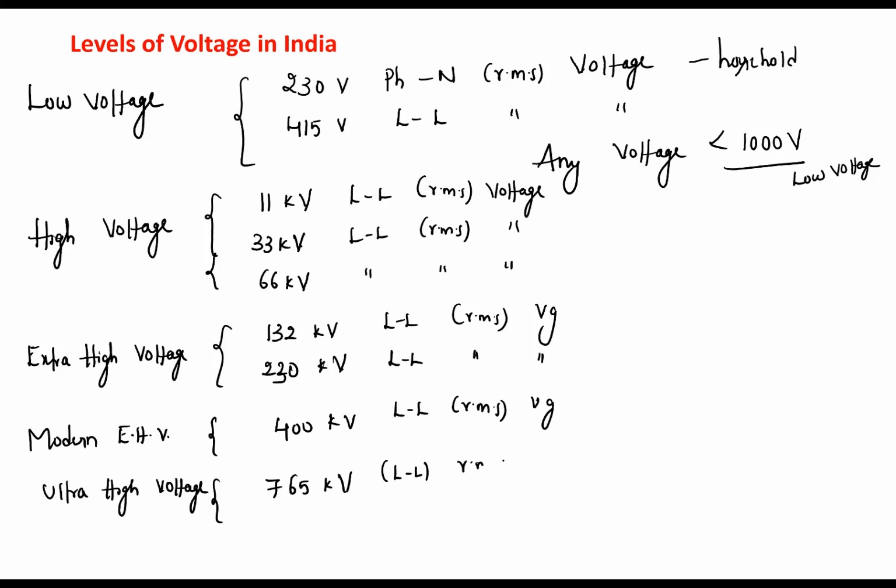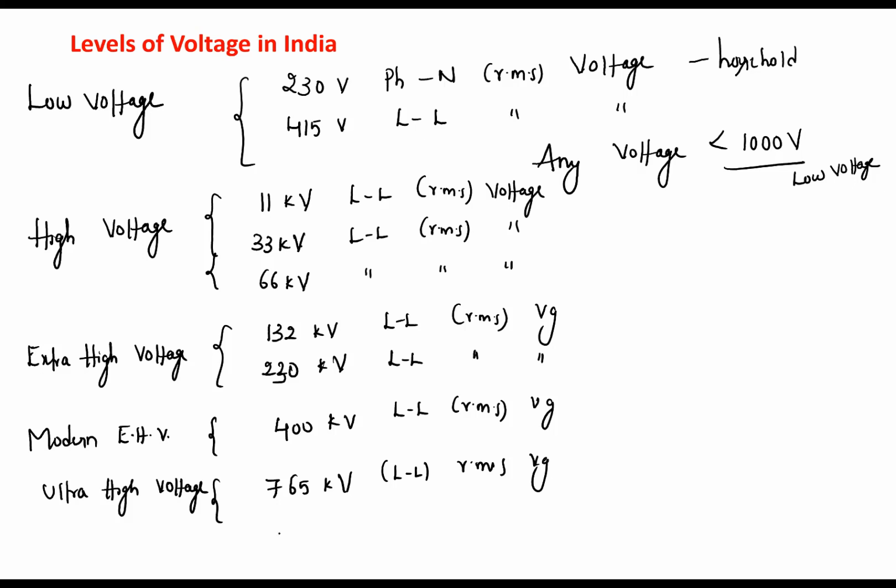Is there any higher voltage in India? I think 765 kV is the highest. In the world, I think they have made 1100 or 1200 kV lines somewhere. Yes, in Madhya Pradesh also, for 1 kilometer, a 1200 kV transmission line is there.